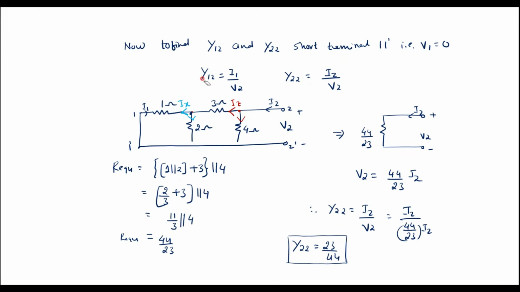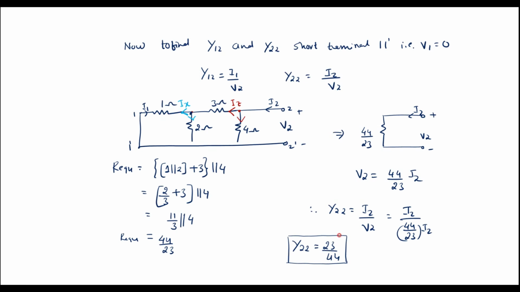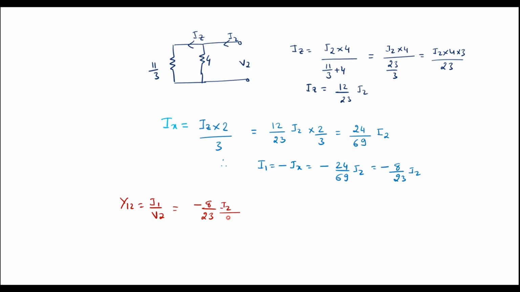So here we can see that Y12 is equal to I1 by V2, which is equal to I1, nothing but minus 8 by 23 I2, divided by V2. V2 is nothing but, already we have found, 44 by 23 I2.